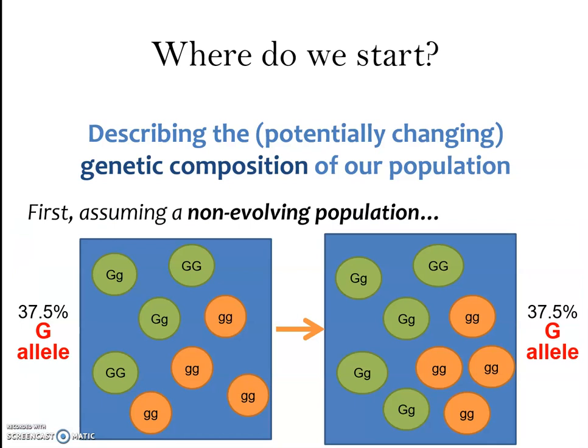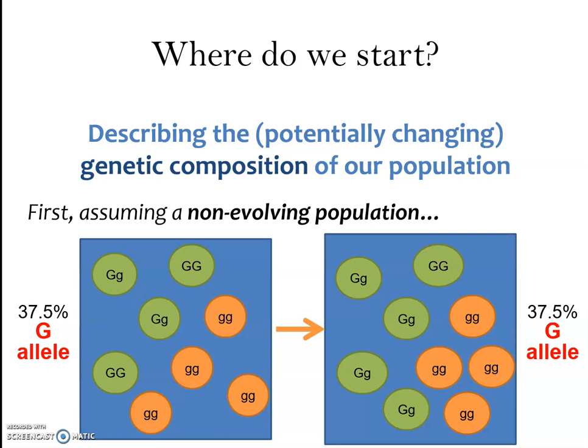So let's start off with a population that's not evolving, so you can start to see how we're going to do this. On the right, got a population at one point in time. On the left, we're thinking about that population at a different point in time. And I'm displaying each of these circle individuals' genotypes in letters inside the circle.